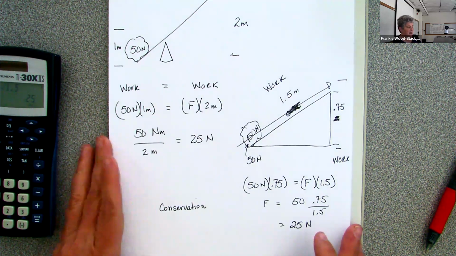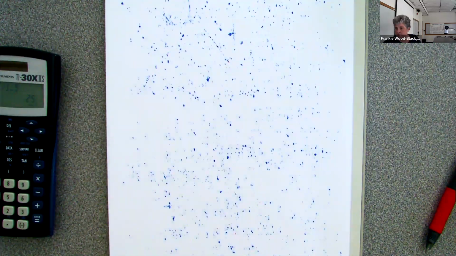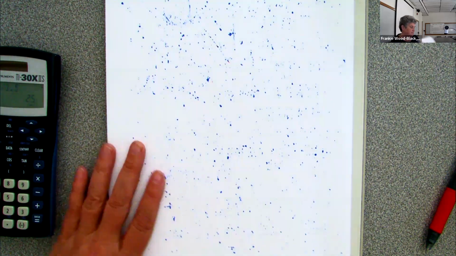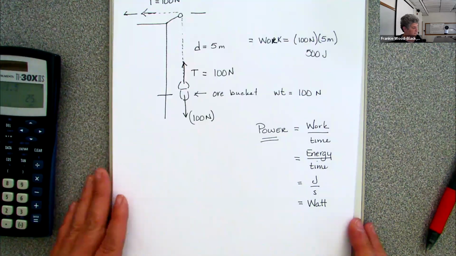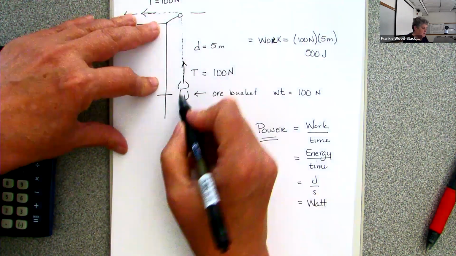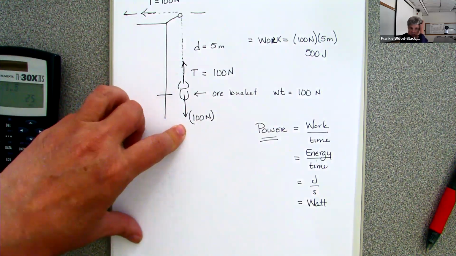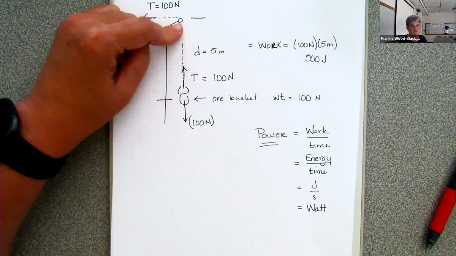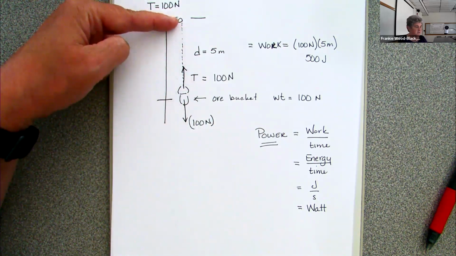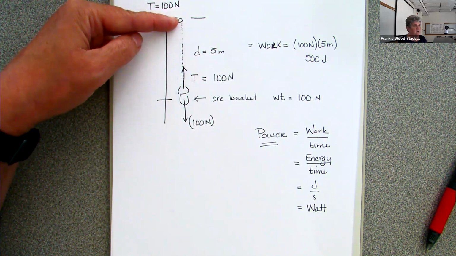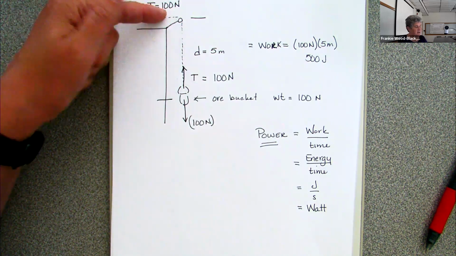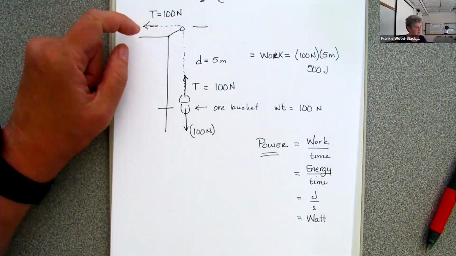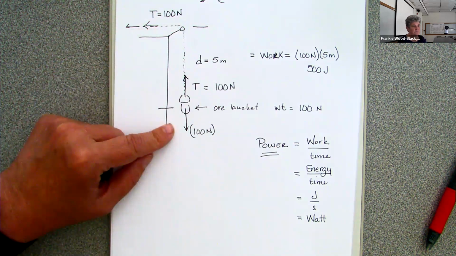So we're about to define something. Go back to this. So I have the weight of my bucket. It's 100 newtons, and I've raised it 5 meters. And what happens if I cut the rope? This is going to fall back down.